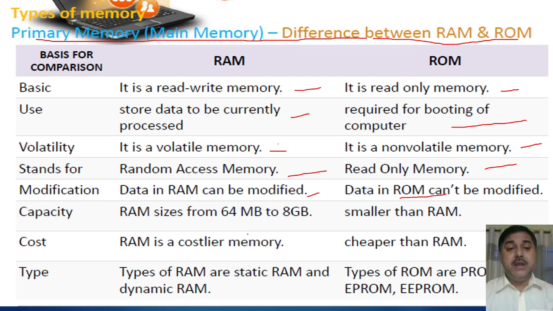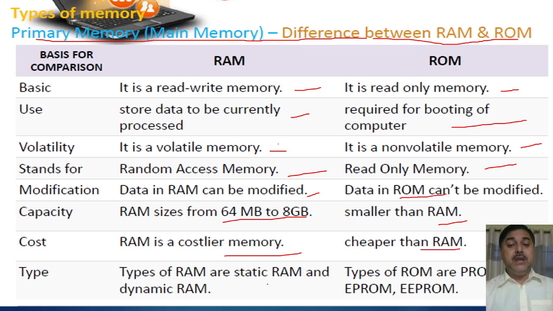Next, the capacity or size: ROM is 64 MB to 8 GB, and it is smaller than that of the RAM. Cost: RAM is costlier, that means its cost is higher, but ROM is cheaper than RAM.